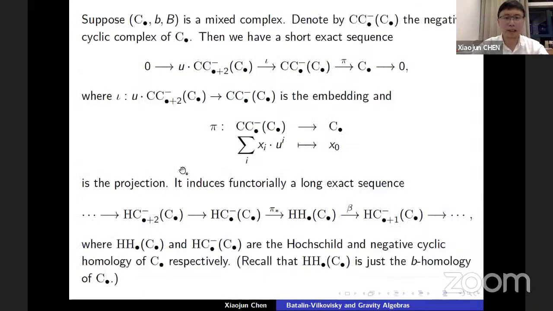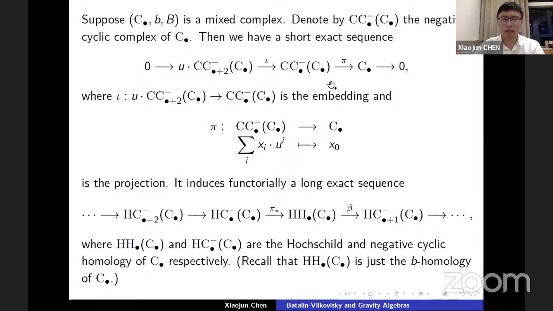Now let's give a construction of the gravity algebra from the BV algebra. Suppose (C, b, B) is a mixed complex, and denote by CC negative dot the negative cyclic complex of C dot. Then we have the short exact sequence, which is easy to see.